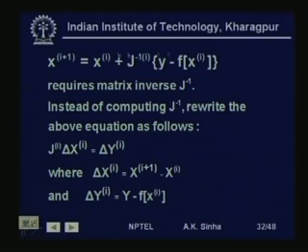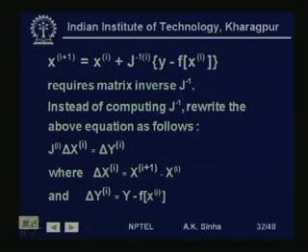Now, if we look at this expression, what we find is that we require an inverse of this matrix J. So, we need J inverse, which for a large system is going to be very large, because suppose we are taking a 1000 bus system, then we have say 2000 equations to be solved, and in that case the J is going to be almost 2000 by 2000, and taking the inverse of such a large matrix is going to be very time consuming.